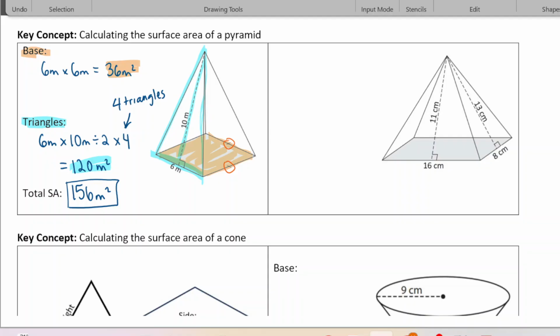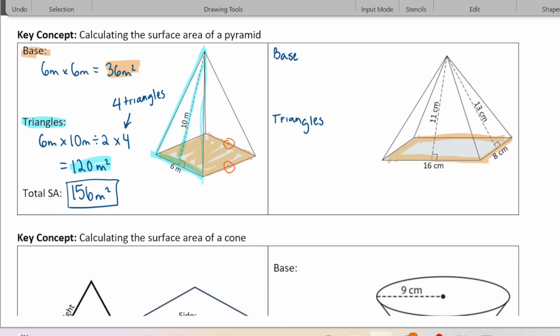Okay, let's do one that's a little bit harder. This one is a rectangular pyramid, but this time the base is not a square. So maybe you could pause the video here and try this one on your own, or you could do it with me. Okay, so for the base, we have again a rectangle, and this time it's 16 by 8.